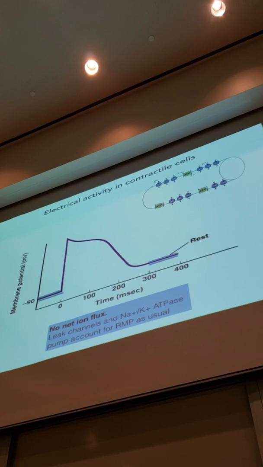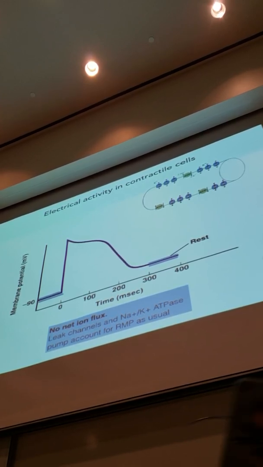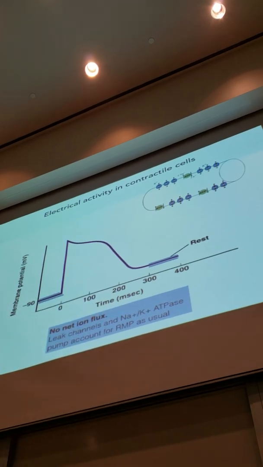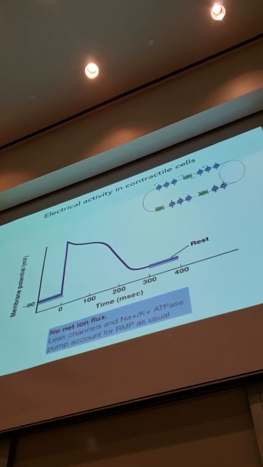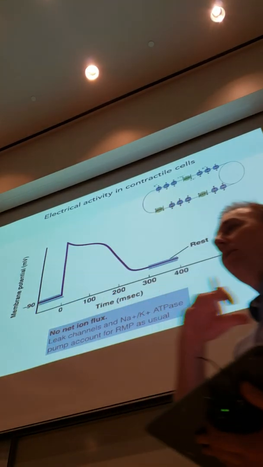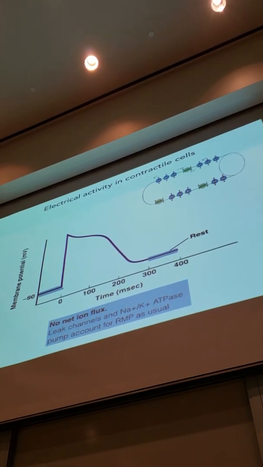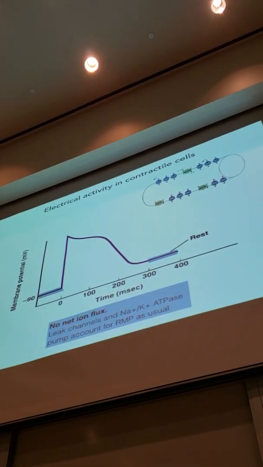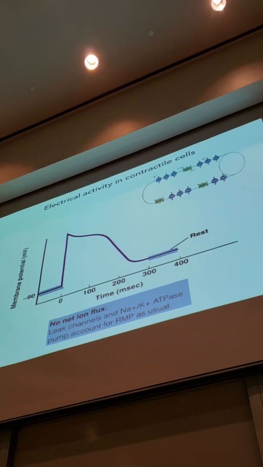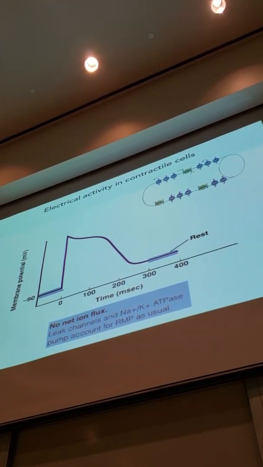So I want to put a bunch of channels here on the top, just to remind you that again, just as in our conduction channels, we got a mess of stuff going on here, right? We have leak channels for potassium that give us a resting membrane potential. So while we're here at rest, there's no net ion flux really happening. We've got sodium potassium pumps going.